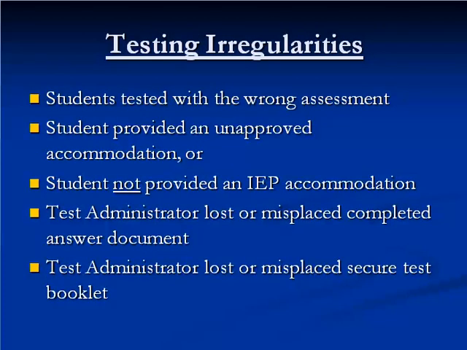Examples of testing irregularities are students tested with the wrong assessment, or provided an unapproved accommodation, or, in a situation where a student has an IEP, they're not provided something that was listed on their IEP form. In addition, a test administrator losing or misplacing a completed answer document and/or secure test booklet would be considered a testing irregularity.